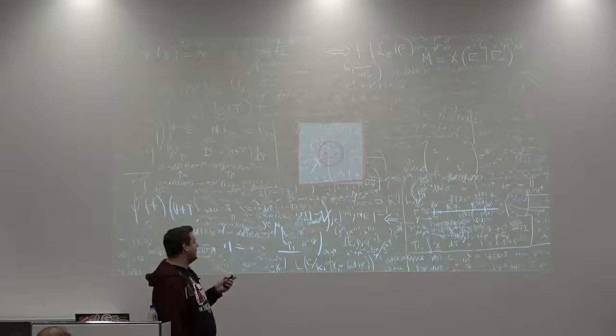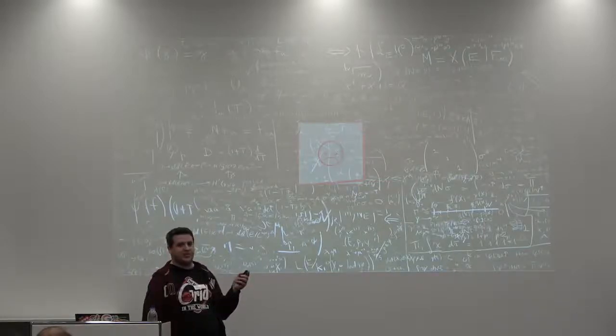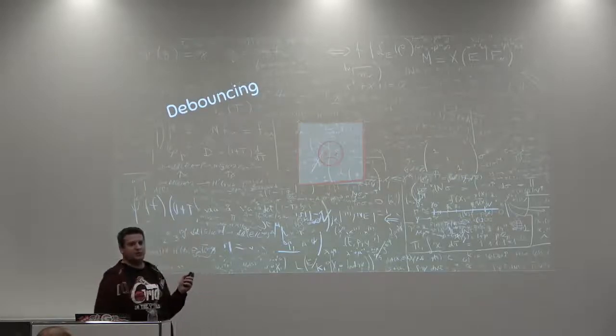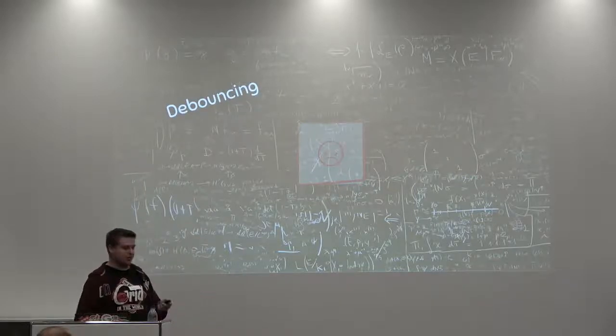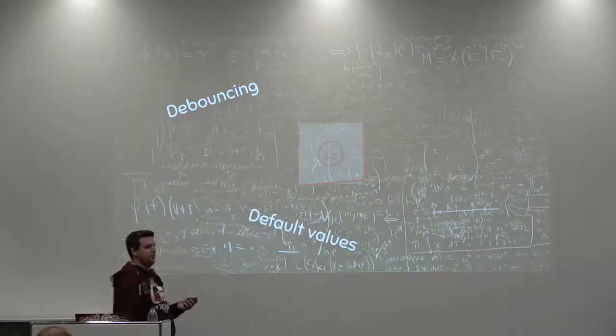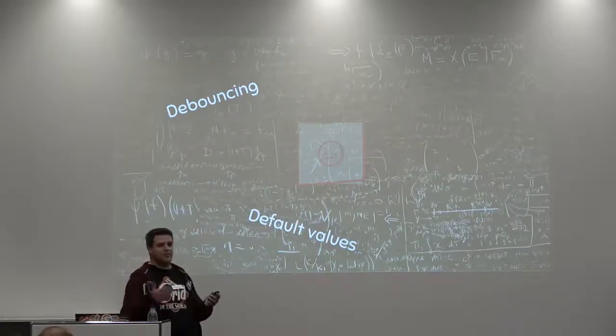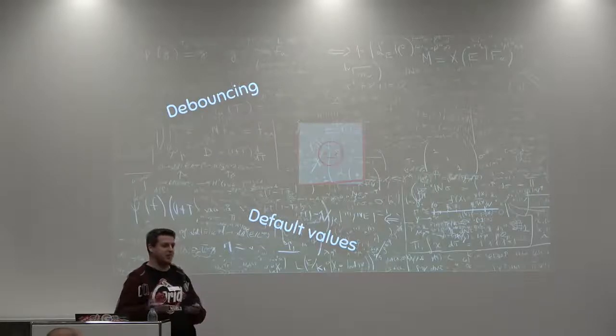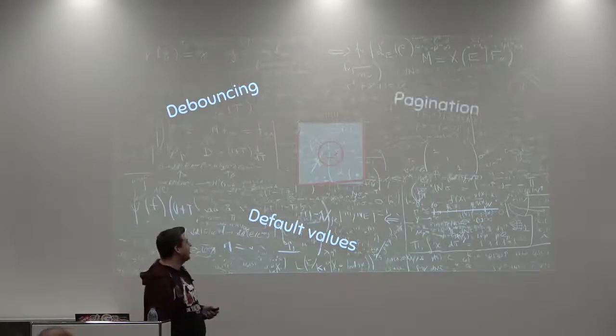And there's a bunch of problems that if you really write this kind of code, you will run into very quickly. So for example, debouncing, right? When I type, I don't want to go to the server for every single keystroke. Default values. If you have some filter dropdown, like to filter by status, then maybe if there's nothing in the URL, you want a certain status to be pre-selected.